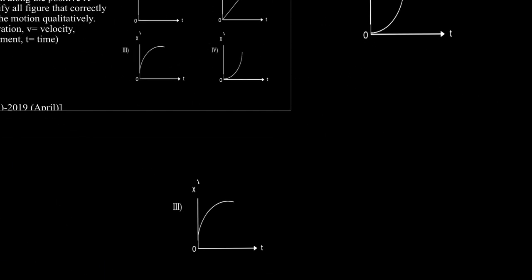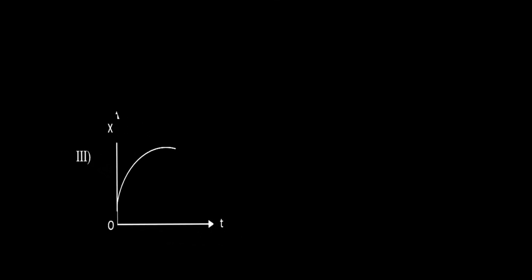Now coming to the third graph. Okay, the third graph here. The y-axis represents the x, which is the position, and the x-axis represents the time. So we have x and t, right? X and t. Okay, now how do you interpret this graphically? What is the distance time relationship?